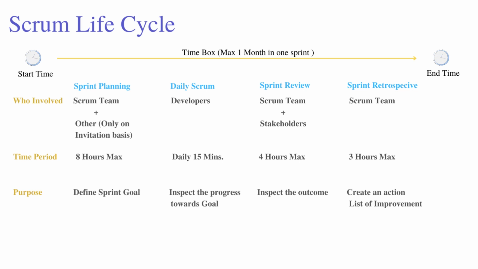And the last one is sprint retrospective. The purpose is to create an action list of improvements. So basically, in sprint retrospective, three things we can consider. First one is what went well. Keep doing these things.